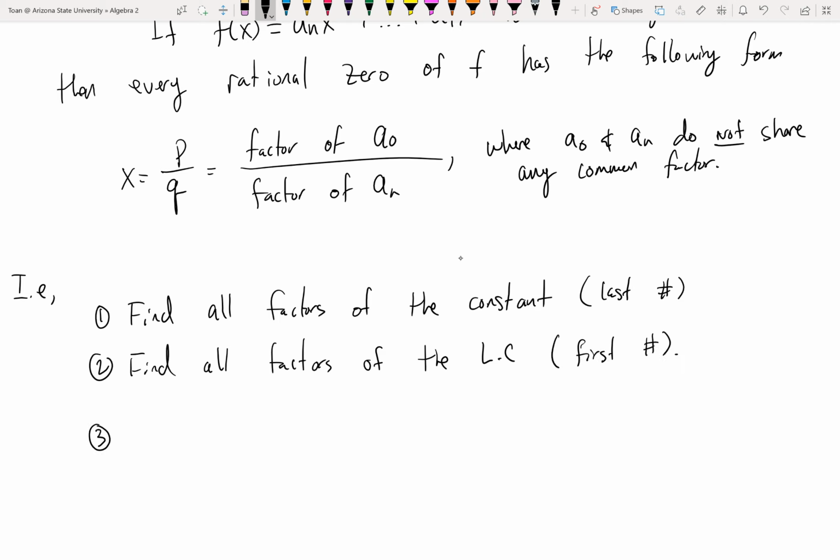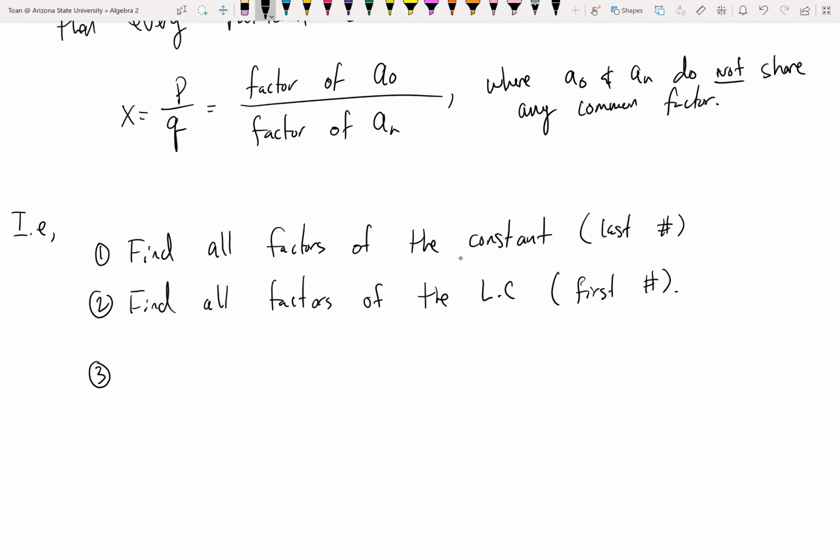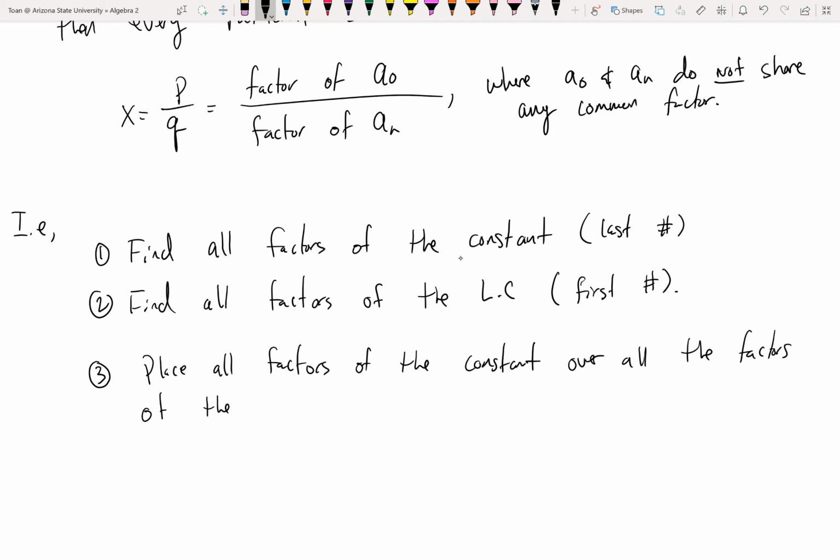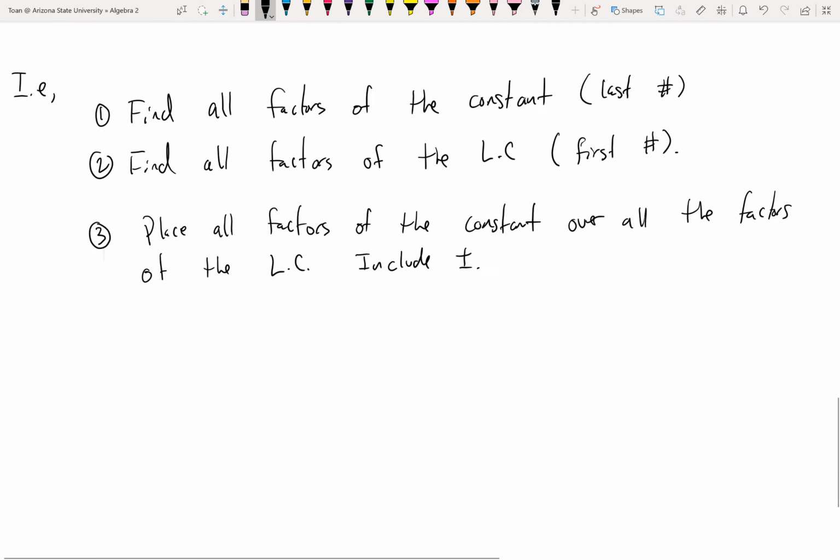Once you have the 2 lists above, you're going to place all the factors of the constant over all the factors of the leading coefficient. We also want to include plus or minus for the entire list.